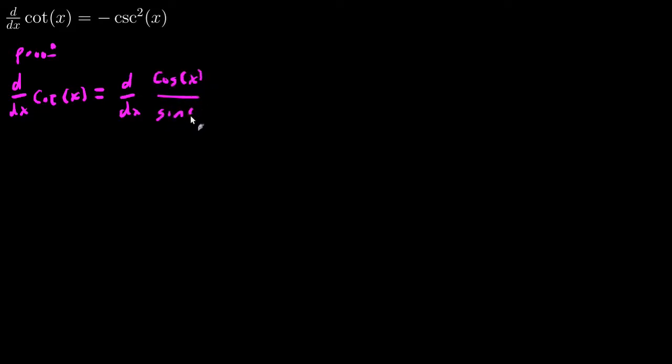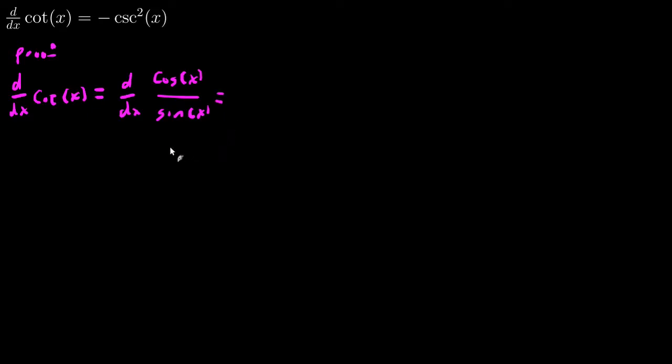Cotangent works almost the exact same way. So same idea, the derivative with respect to x of cotangent. And cotangent I know is cosine over sine. So the derivative with respect to x of cosine x divided by sine x.